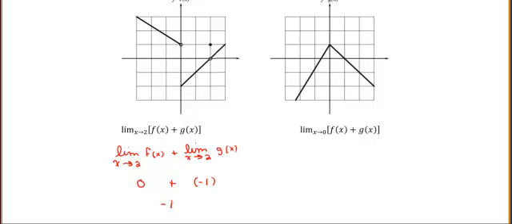Okay? All right, next we're asked about the limit as x approaches 0 of f of x plus g of x. Now we have to be a little bit careful here.